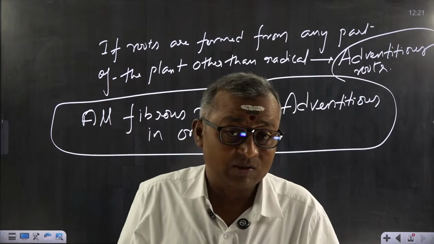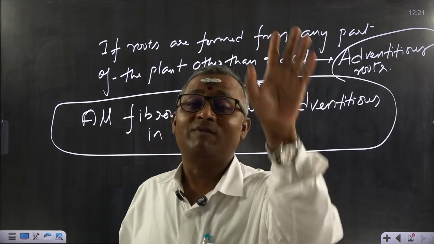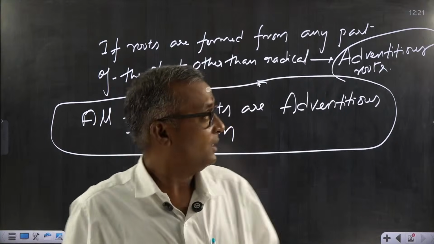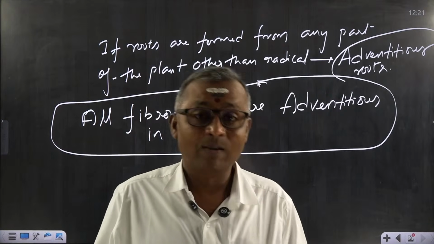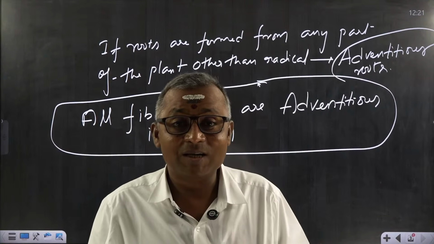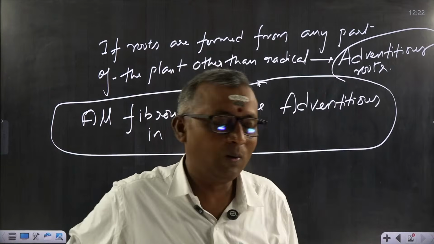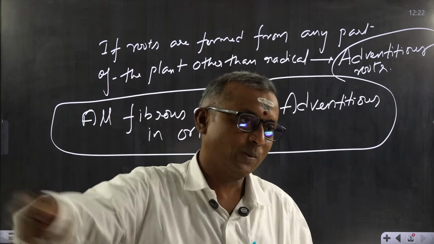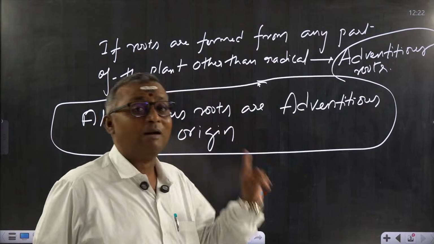That means these adventitious roots can be seen in some dicots and in all monocots. Got it? All monocots have a fibrous root system, which can also be called adventitious. Similarly, some dicots also have adventitious roots.